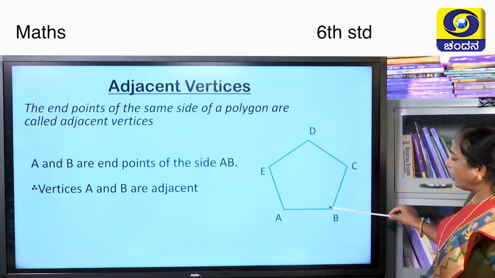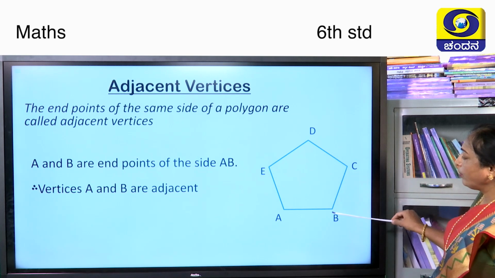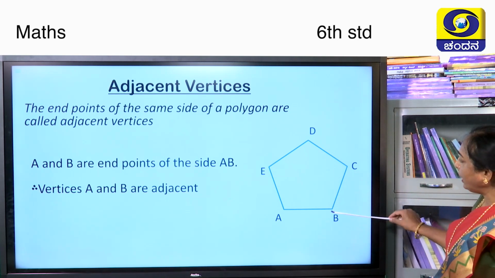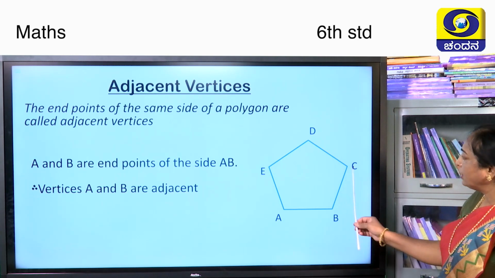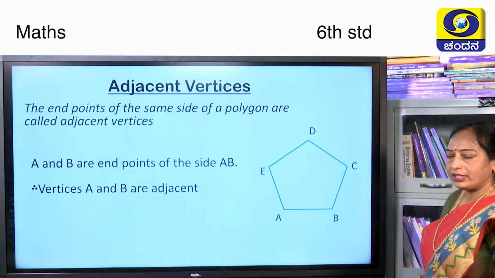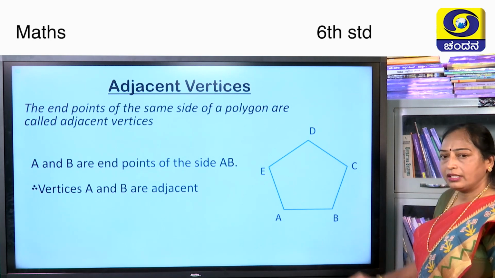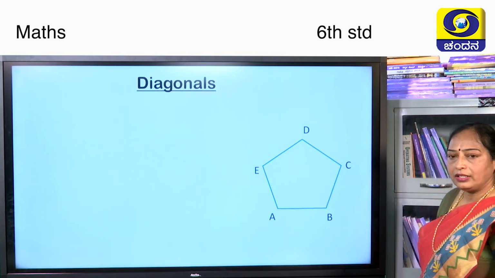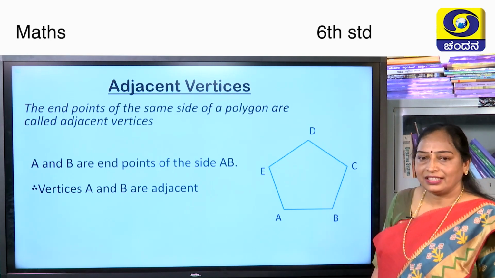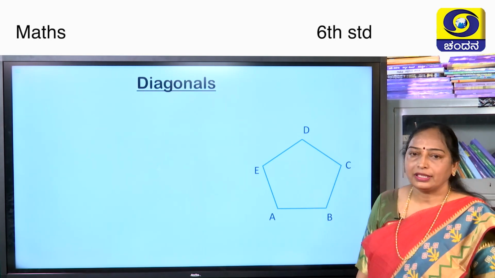And also, in the line BC, B and C are adjacent vertices; C and D are adjacent vertices; D and E are adjacent vertices; E and A are adjacent vertices. Did you understand, children?